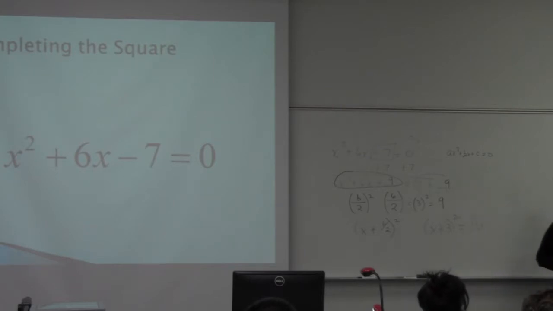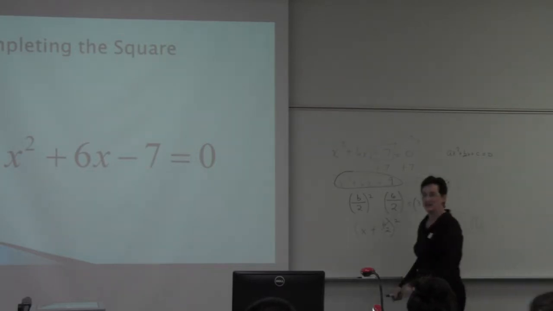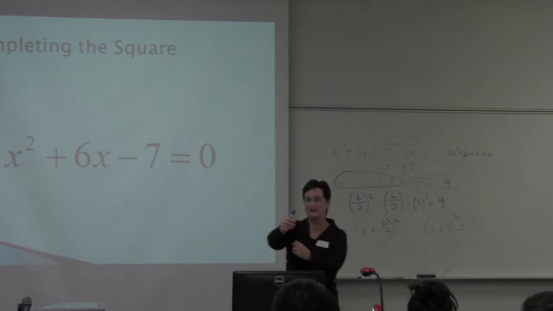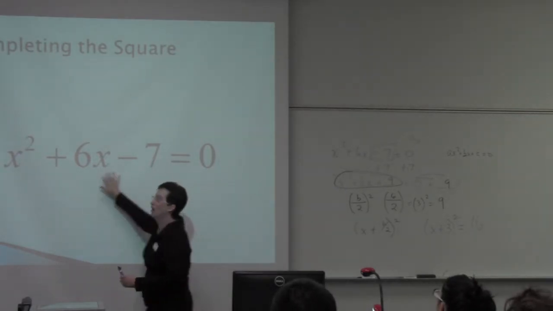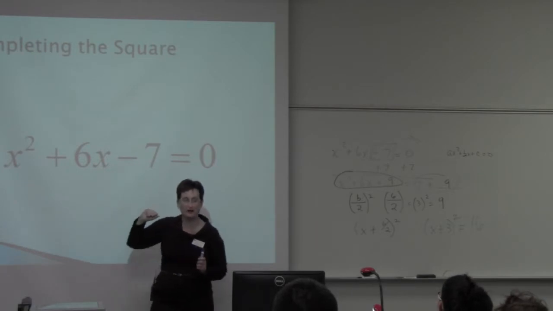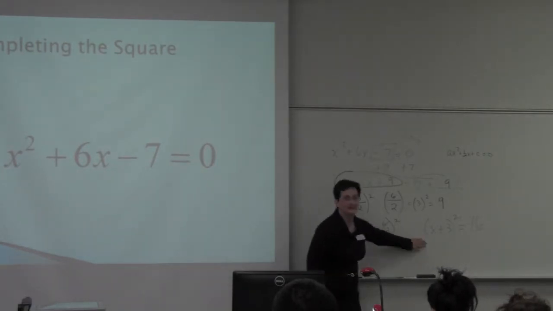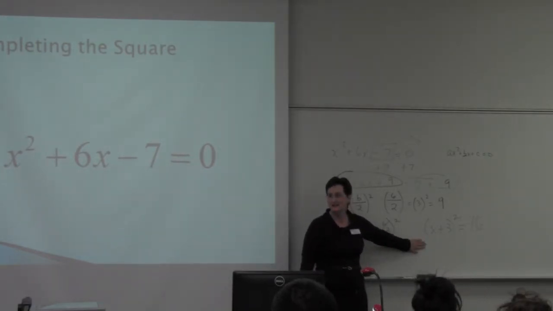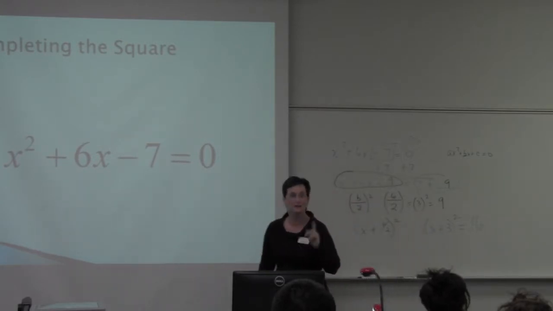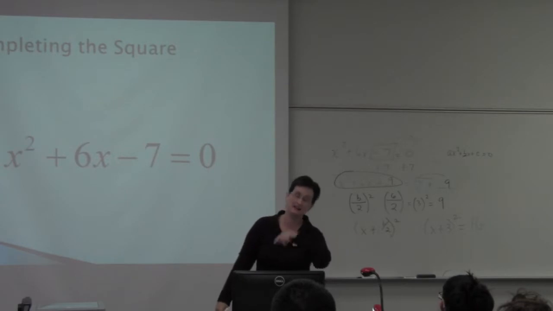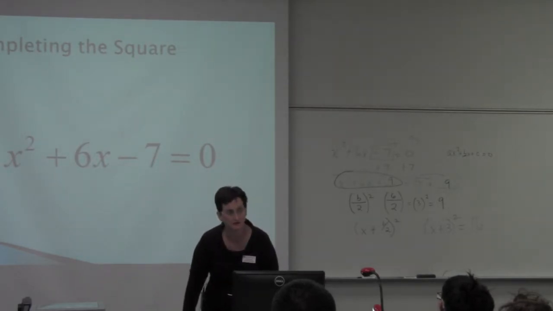All right, so look at the magic. Nothing up my sleeve. We had something that was not a perfect square, and guess what? Ta-da! Now we have a perfect square. And if you have a perfect square on one side and a number on the other, what can we do?